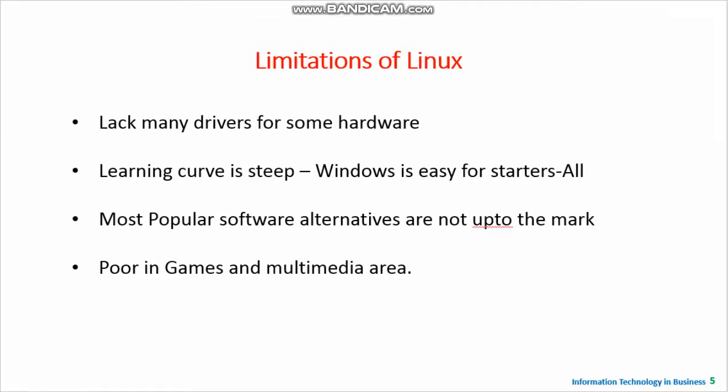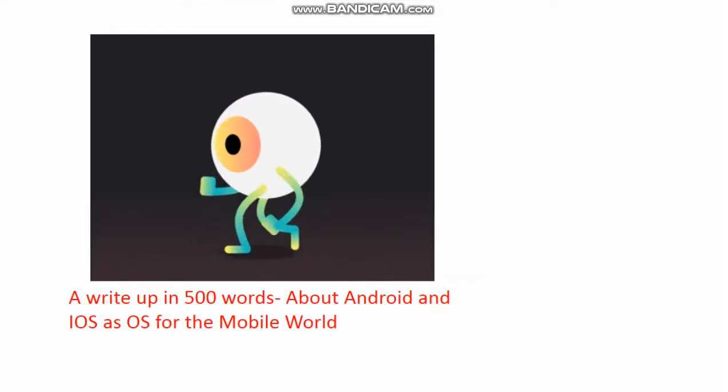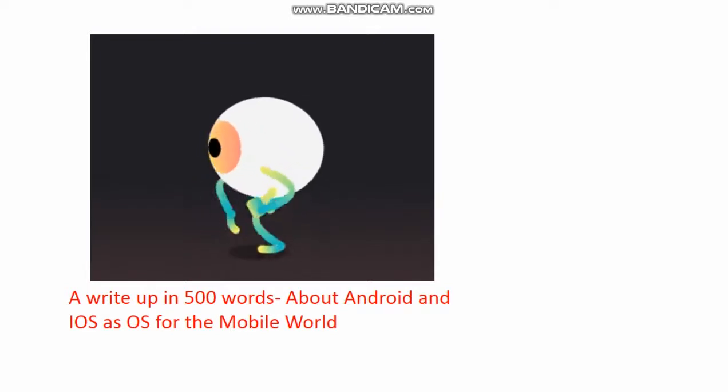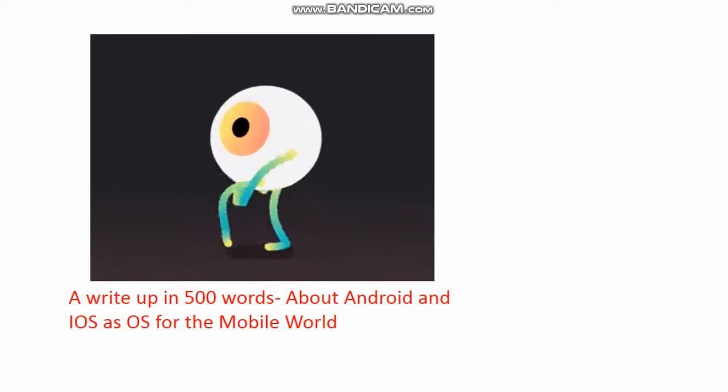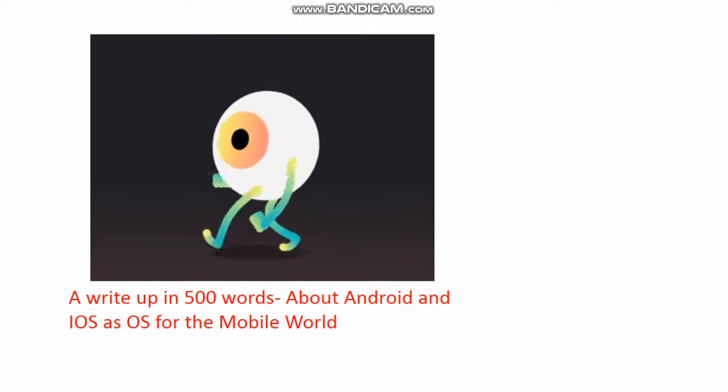Now let me go to something that is of interest to you. Why this movement? Read what is written below. I need you to write up an assignment which you can submit online, minimum or maximum 500 words, about Android and iOS.